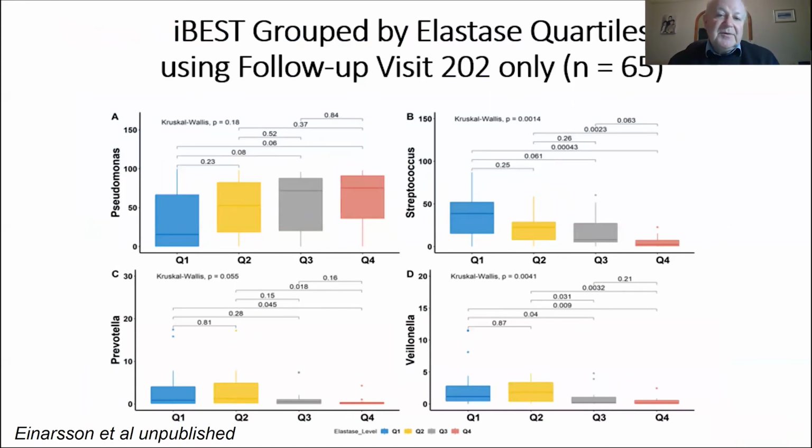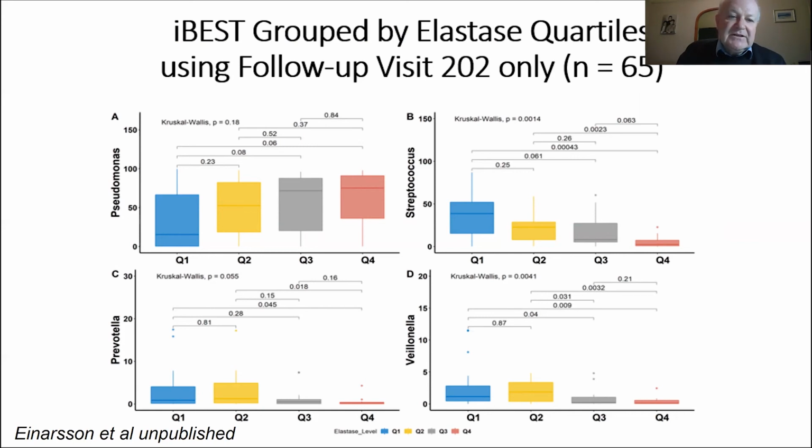We teased this out a little bit more with neutrophil elastase and looked at the relationship with various organisms and neutrophil elastase concentrations in these sputum samples. We divided this into quartiles, and you can see that those in quartile 1 for Pseudomonas compared to quartile 4 have a lower relative abundance. So the higher abundance or dominance of Pseudomonas aeruginosa is associated with a higher concentration of neutrophil elastase.